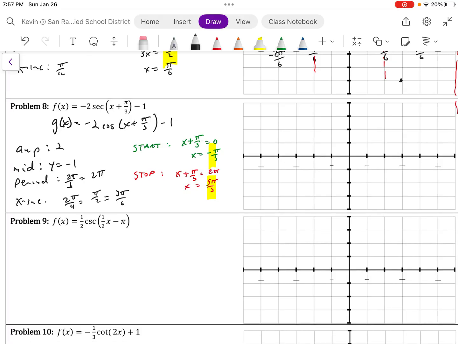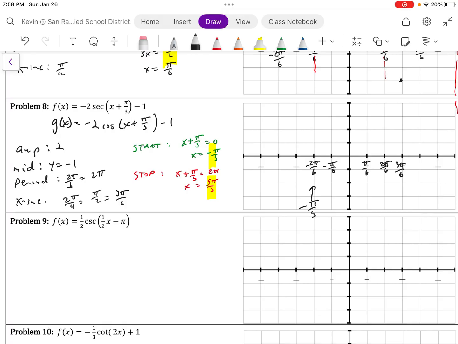So let's come down here and get everything in place. Each of these is going to be pi over 6, 2 pi over 6, which is pi over 3. So let's come back here and go negative pi over 6, negative 2 pi over 6, which is the same as negative pi over 3.